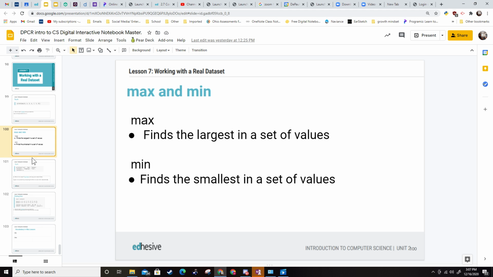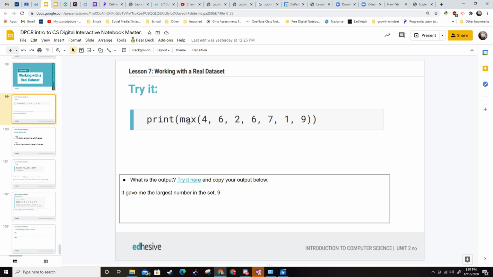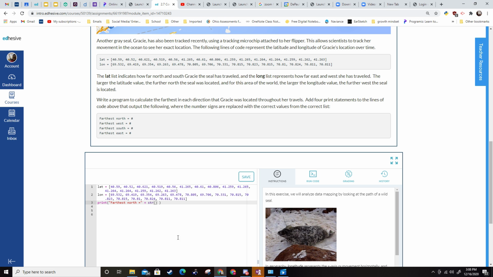Whenever we're trying to find the max for a number, we can type out print and then max, and then inside of the max's parentheses, we type out either all the numbers there, or we just type out a variable that represents all those numbers. In this case, we are looking for the max, because that's going to represent the furthest north of the latitude values.